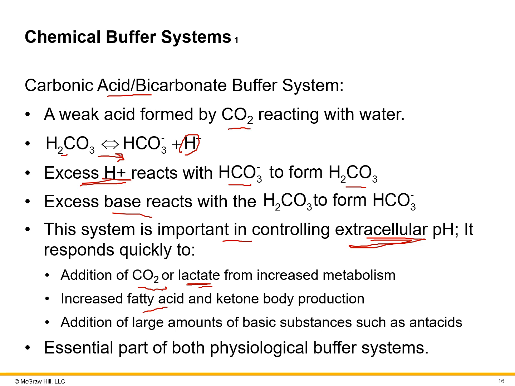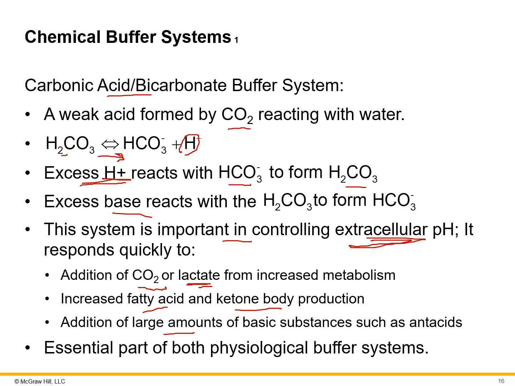Also increased fatty acids and ketone body production, which occur especially in diabetes. Whenever the glucose isn't being broken down, because cells can't absorb glucose with diabetes, they're breaking down fats and proteins, and that increases fatty acids and ketone bodies, whenever glucose can't be used for energy.